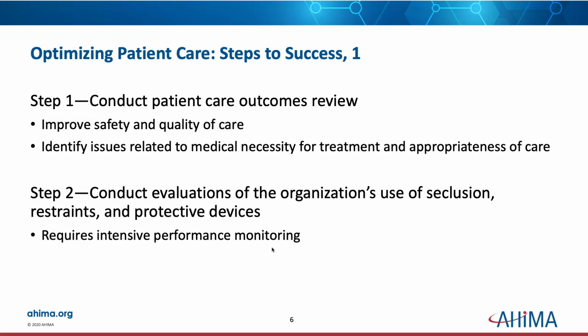Well, the first thing is you want to conduct patient care outcomes review. How was the patient's stay? How did the patient leave us: better, the same, or worse? How can we make sure this patient and other patients have the safest and highest quality of care? What are some issues that might be related to medical necessity for treatment and appropriateness of care? That's all here at step 1.